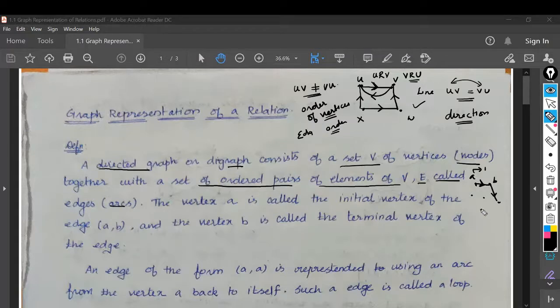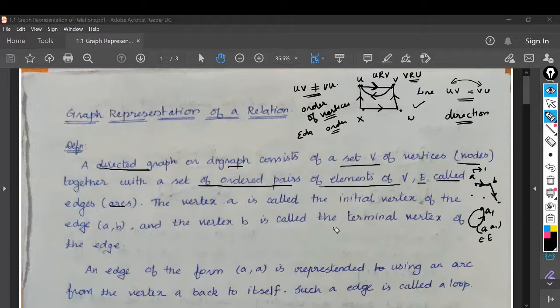If I draw a loop on a vertex A1, it means that (A1, A1) is an edge. That is called a loop, so loops are allowed here.